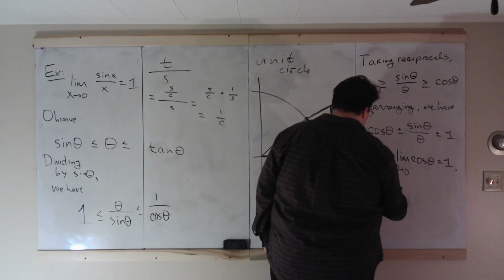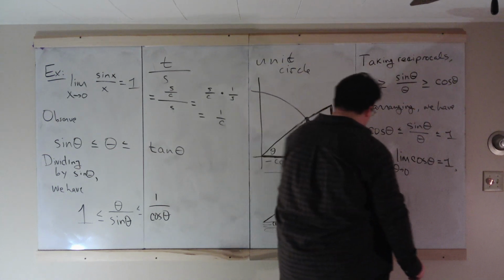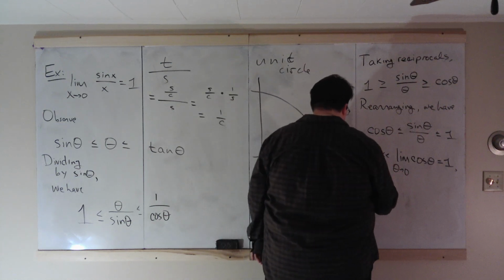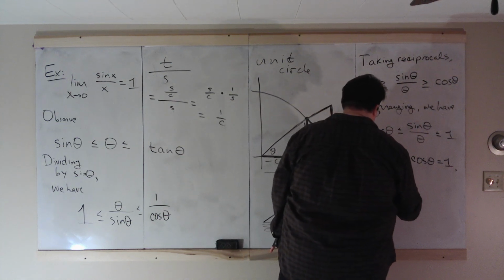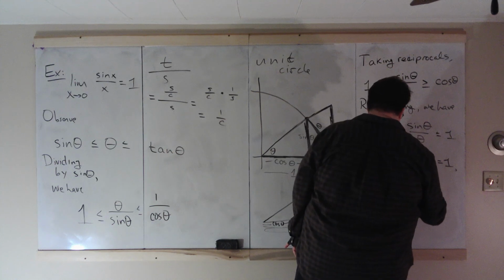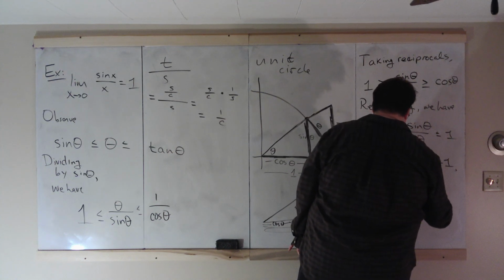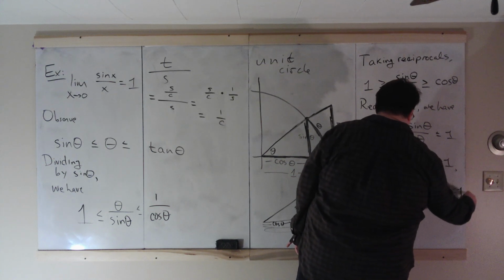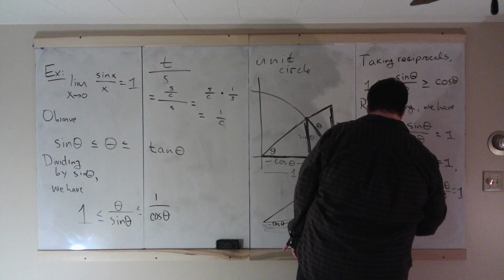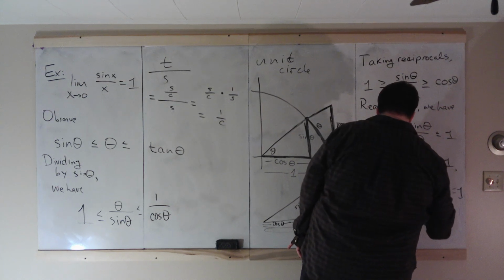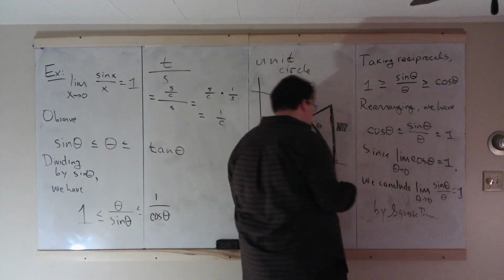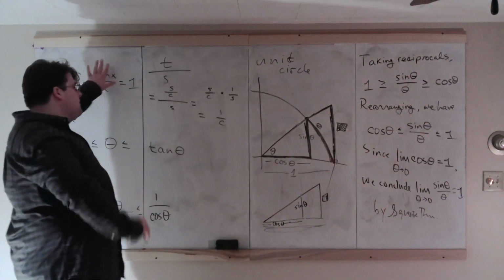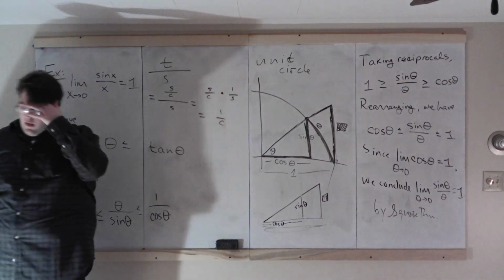So we conclude the limit as theta approaches 0 of sine theta over theta equals 1 as well by the squeeze theorem. So we proved that for theta. For this actual statement, let theta equal x.